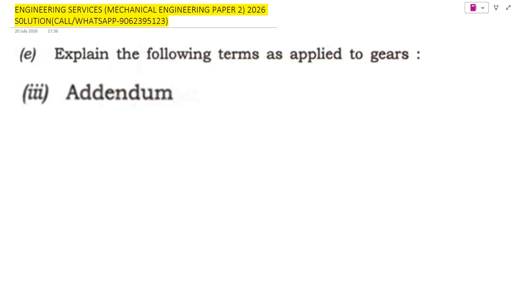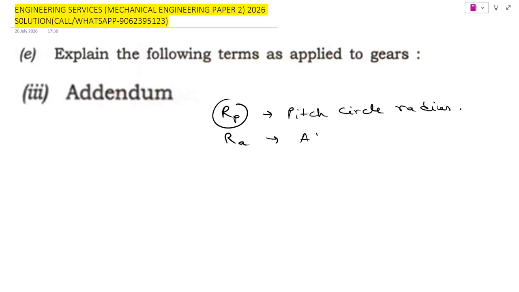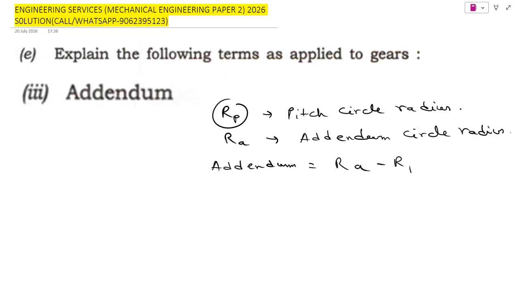If we represent the pitch circle radius as RP, and RA is the addendum circle radius, then addendum is RA minus RP.